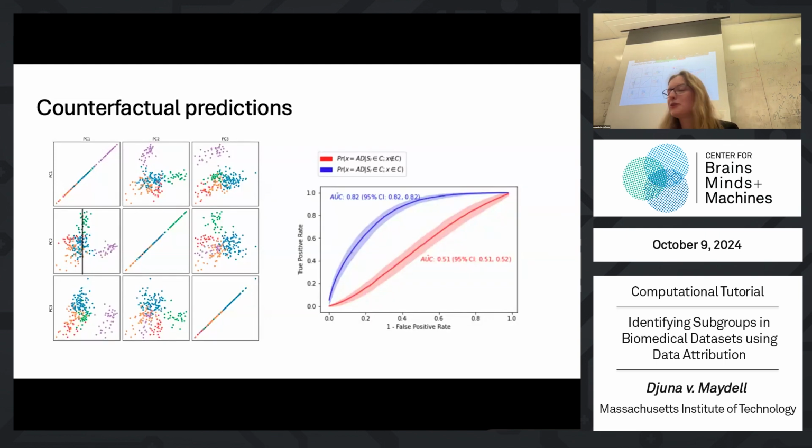In this case, I took all of the AD samples within a cluster, either all of the ones on the higher or the lower end of that split, and I trained and evaluated within that cluster, or I trained but evaluated on the other cluster. You can see that model performance improves when we follow the guidance of the data model embedding, in the same cluster.